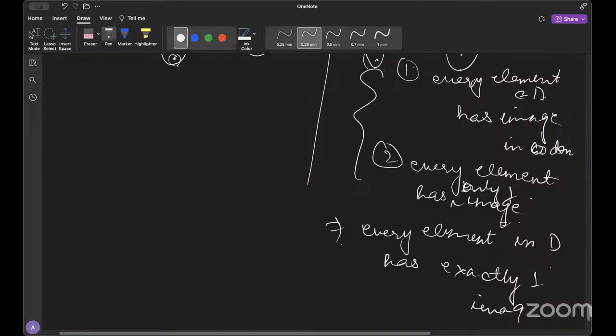Ma'am, at least one image. Exactly one image. Ma'am, multiple outputs can be there on one function, right? I think at least one image.